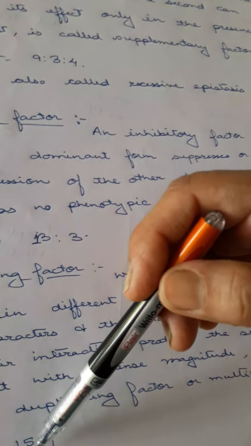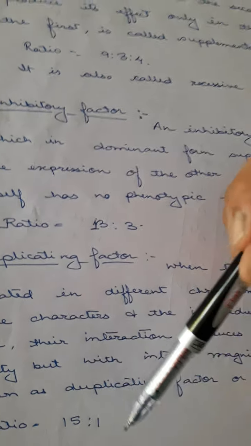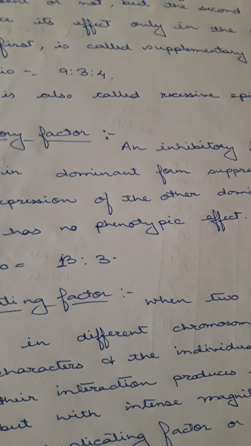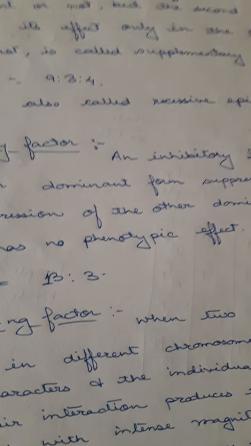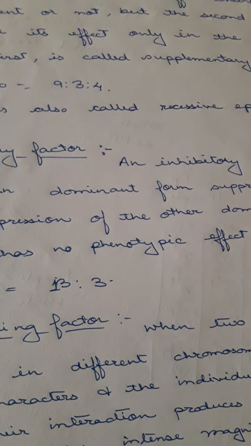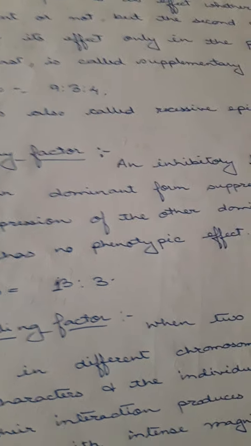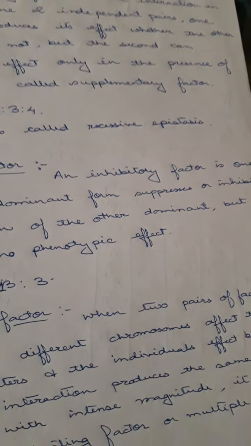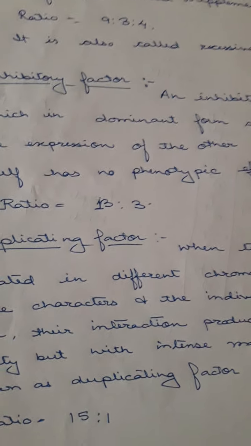Here we get a ratio of 15:1. The main thing to remember is that these are all non-allelic interactions: epistasis 12:3:1, complementary 9:7, supplementary or recessive epistasis 9:3:4, inhibitory factor 13:3, and duplicate factor 15:1.